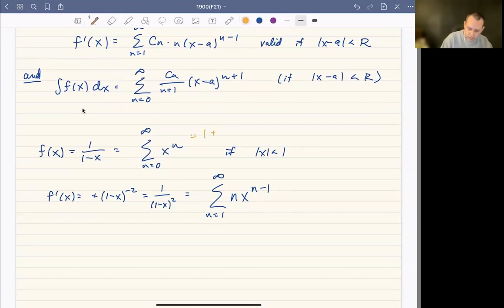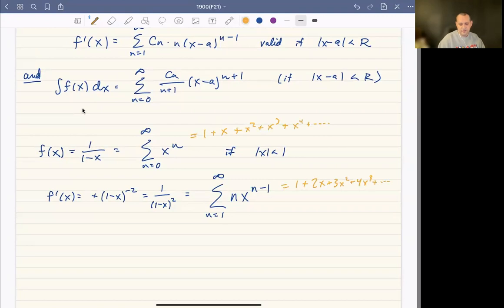So it's 1 plus x to the first plus x squared plus x cubed. And when you differentiate, you should get the 1 goes away, x differentiates to 1, and that's the n equals 1 term. The derivative of x squared is going to be 2x, 3x squared, 4x cubed, and so on. Okay, and so that's how this is going to work.